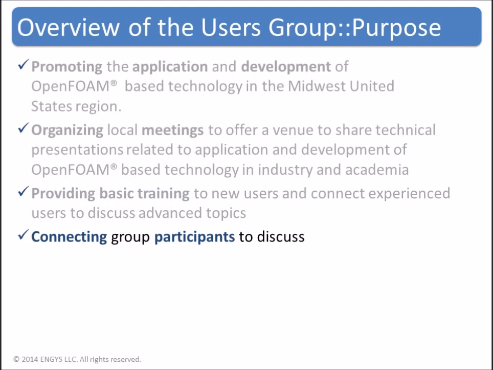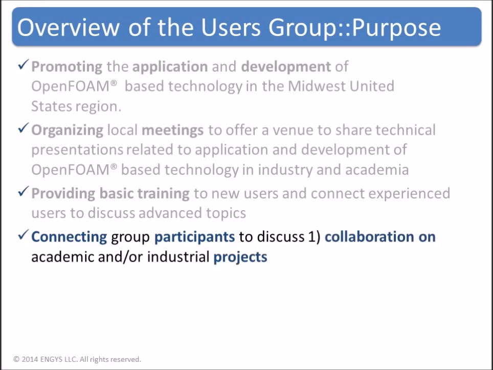The next one would be connecting group participants to discuss, number 1, collaboration on academic and/or industrial projects. There are numerous users group meetings around the world where a lot of the users will collaborate with each other. They share code, they work on the same projects.